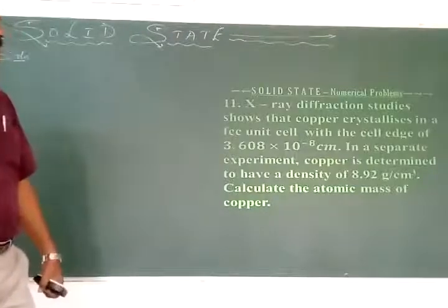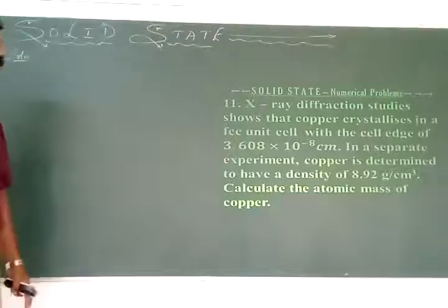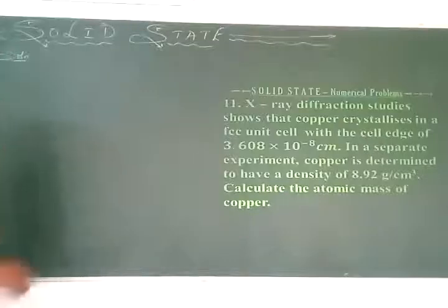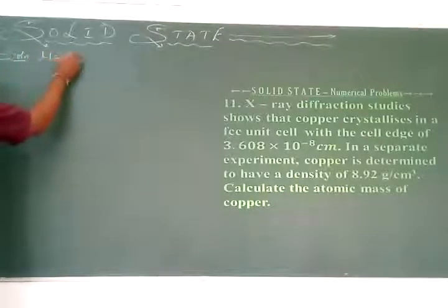In a separate experiment, copper is determined to have a density of 8.92 gram per cm cube. Calculate the atomic mass of copper.